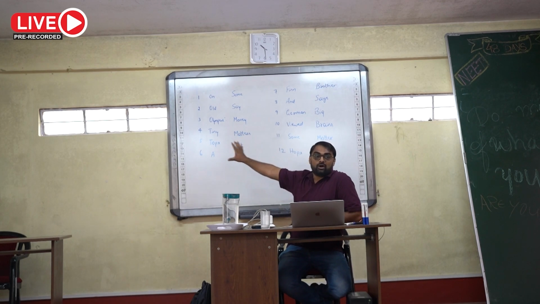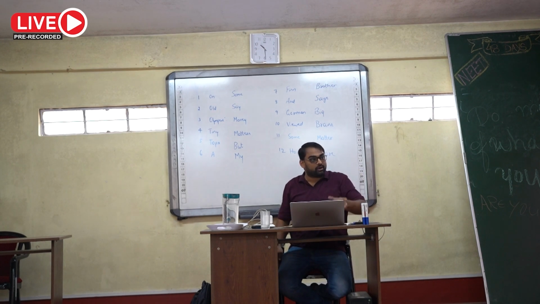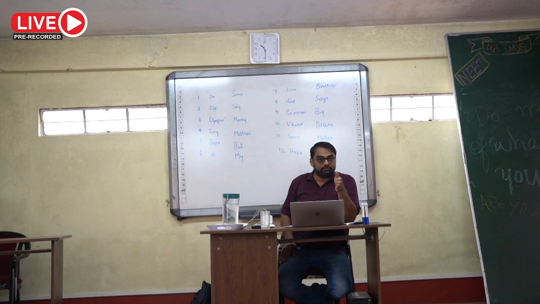Because this is a horizontal board, I have written in multiple columns. You can just make it in 3 columns: the name of the nerve, the number of the nerve, the mnemonic to remember the name, the mnemonic to remember the nature of the nerve, and the actual name. However you want to give it. Alright? Next question.